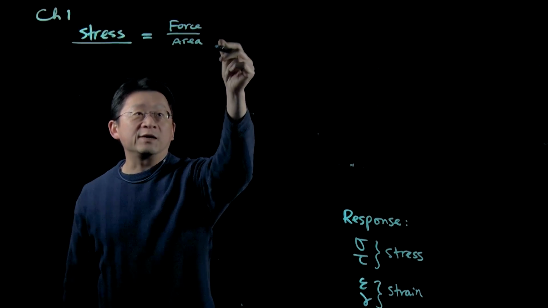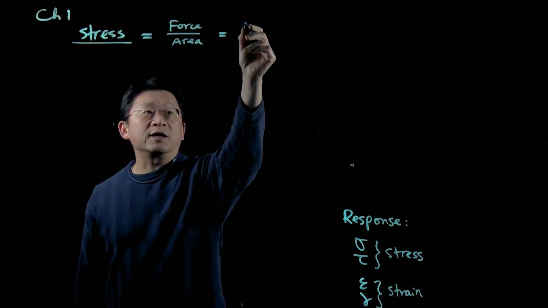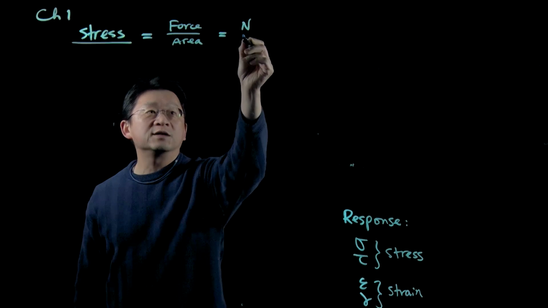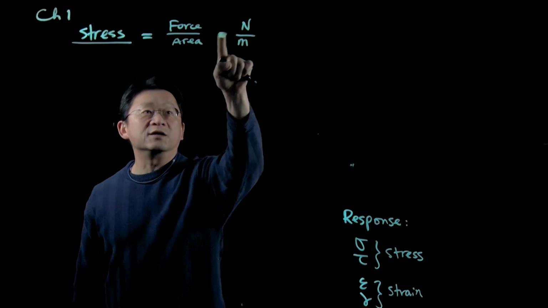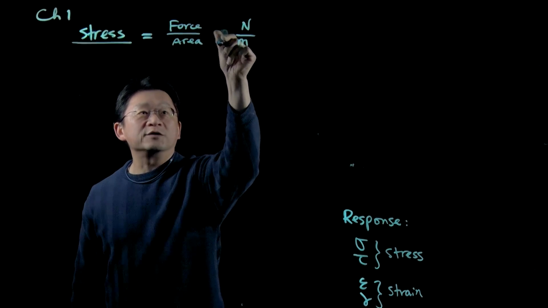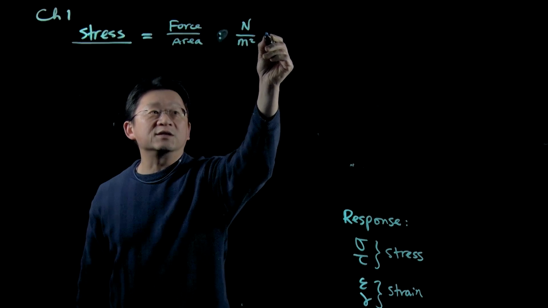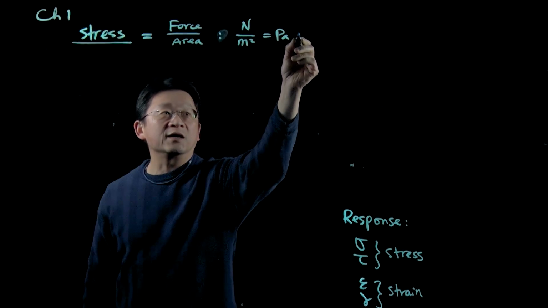For example, if you are using newtons for force, and square meters for area, then we define the unit as the Pa, called the Pascal.